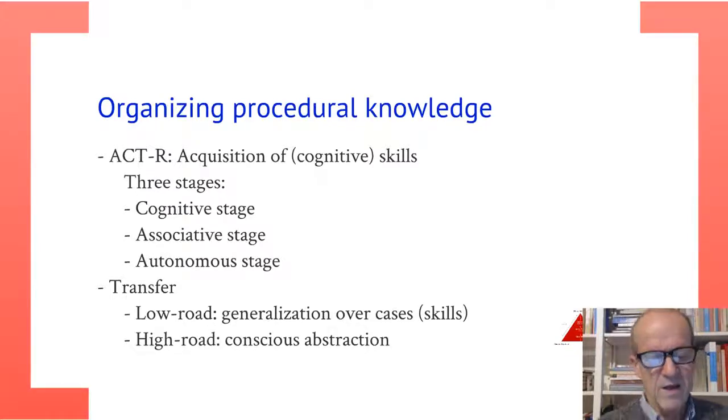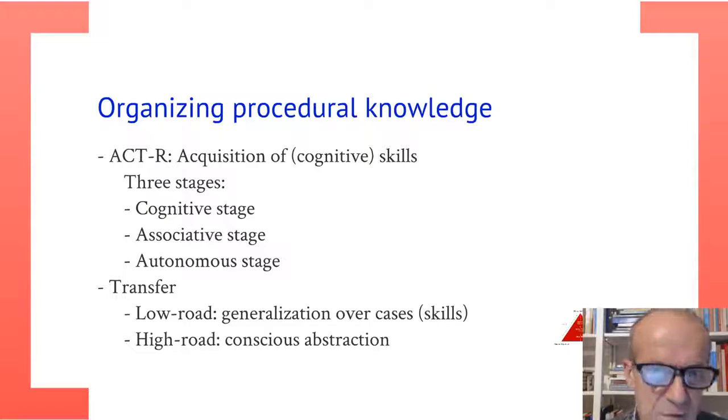Okay. Now we return to the concept of transfer. So the low road transfer, as it is called, is the transfer by practicing, as it is said here, generalization over cases.